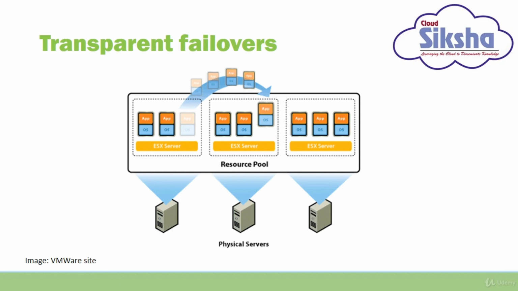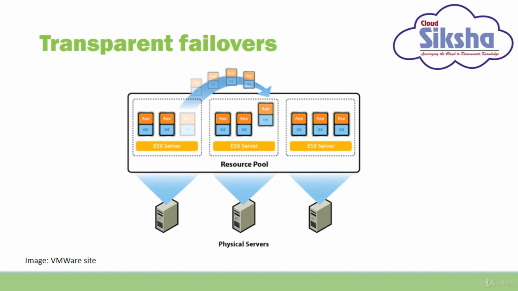You will stay connected, and the virtual machines will be moved. VMware, for example, calls this vMotion. It moves the virtual machine from one physical server to another, transparent to the user. This becomes very important for us because this reduces the downtime.